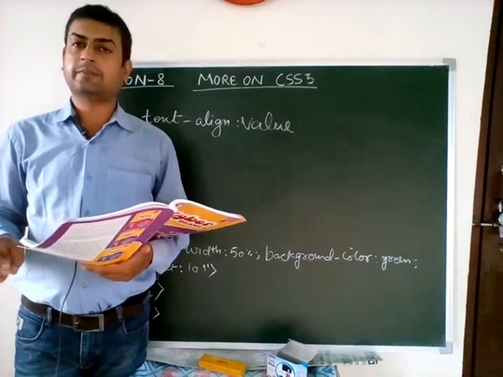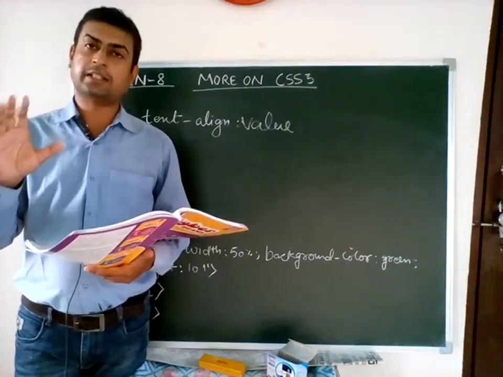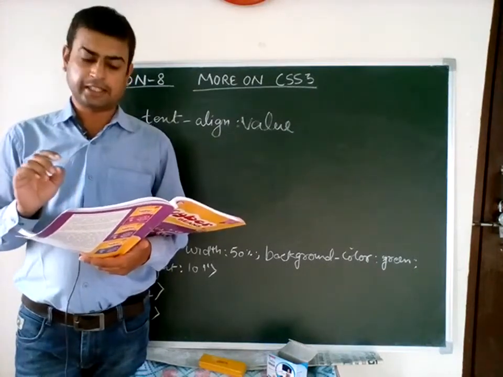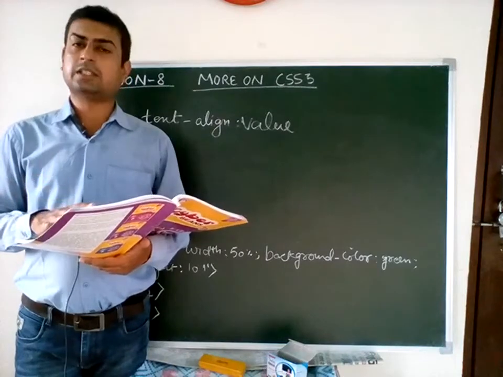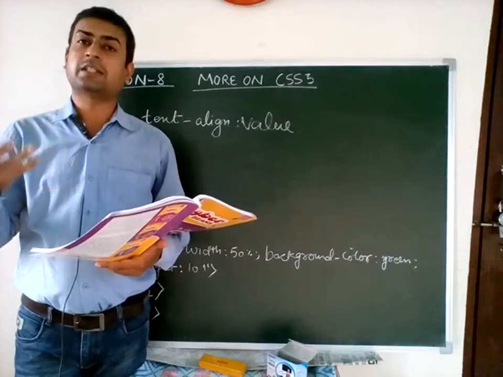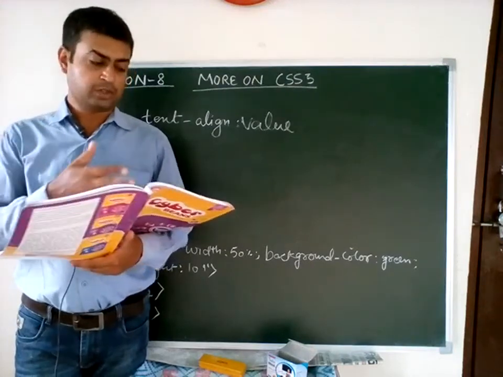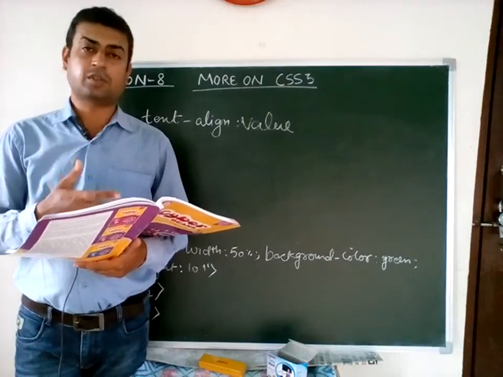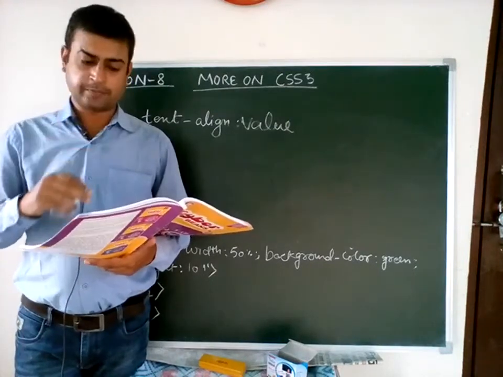Line height means what is the height of your line, that you can manage in this with the syntax line height. Now these are the theoretical concepts which we have to understand while writing the codes. So these are the transforms, these are the color codes which we can perform in our HTML code.